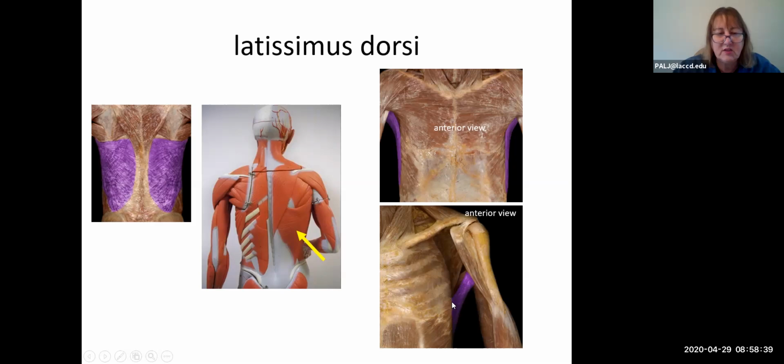And then it is going to insert on the anterior surface of the humerus, which is just pretty amazing. So it's going to have massive shoulder actions where it will pull the arm or adduct the arm, and because it's anterior, it's going to do some more of that medial rotation that we talked about before. So that's your latissimus dorsi muscle.